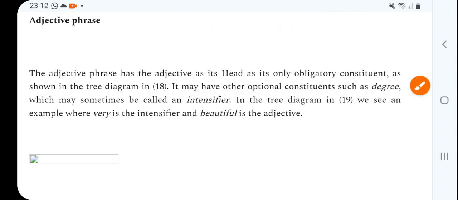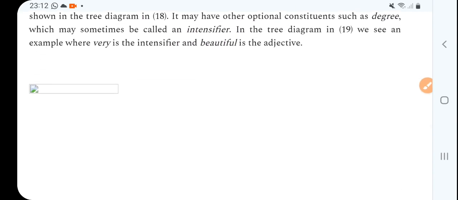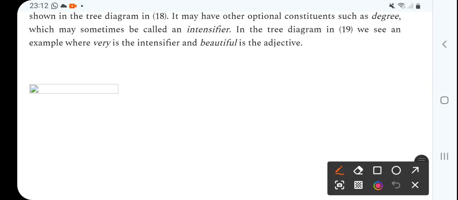In tree diagram 19 we see very as the intensifier.